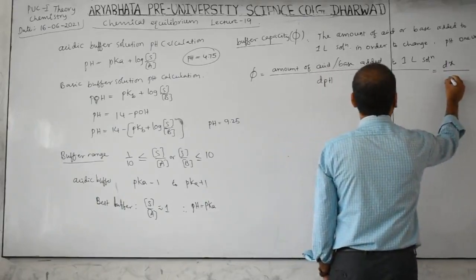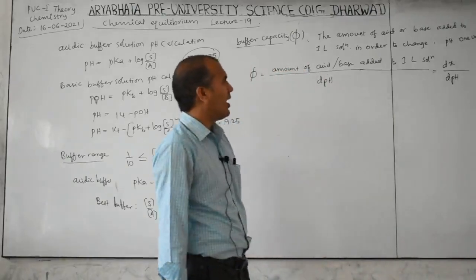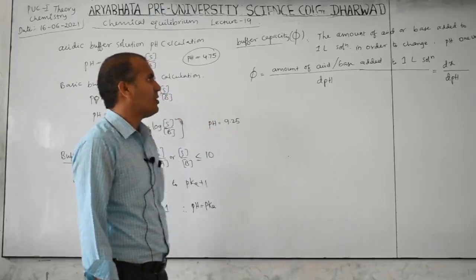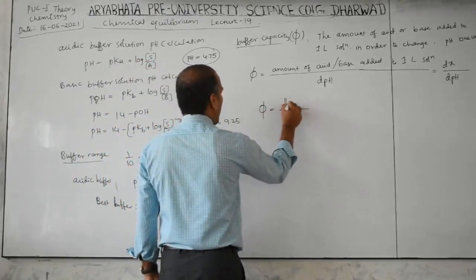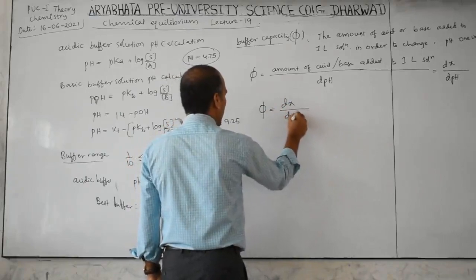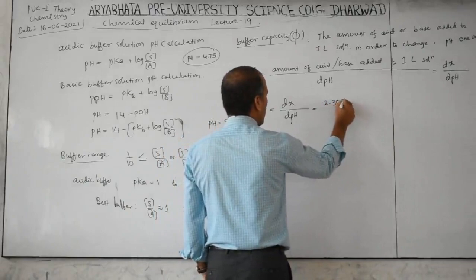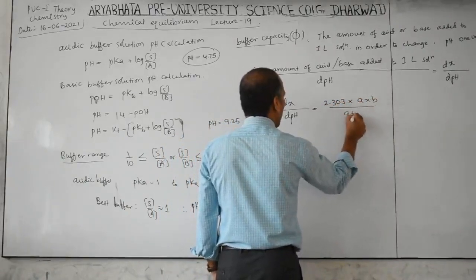Therefore dx by dpH is equal to 2.303 into A into B by A plus B.